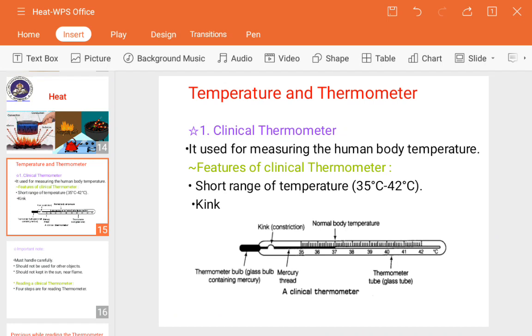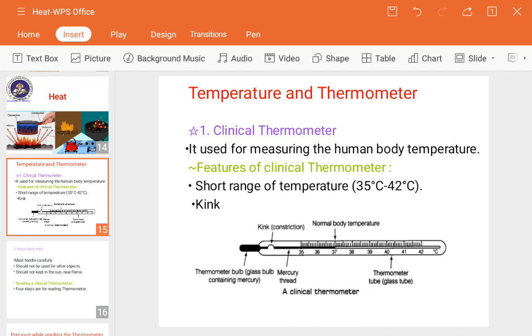So how can we measure these things? It is measured by using an instrument called a thermometer, which has a marked scale.